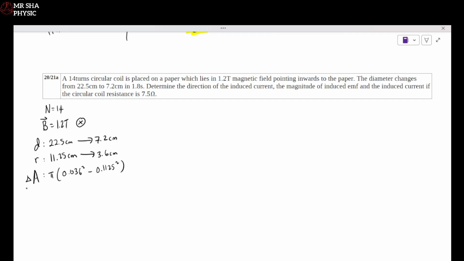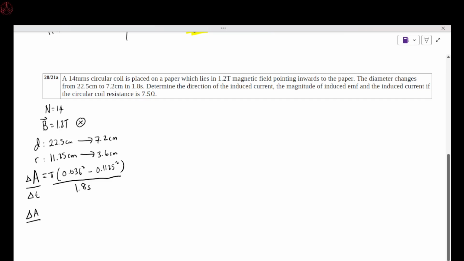And then if I were to find that per unit time, I'm just going to divide by 1.8, and this would give me a value of 0.0198.